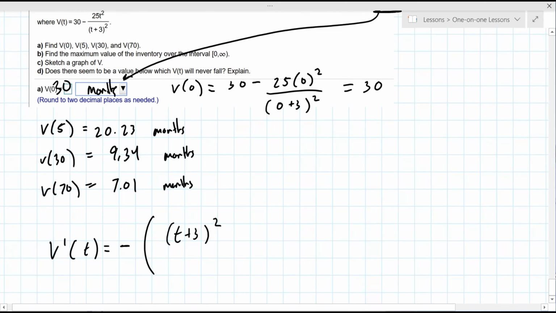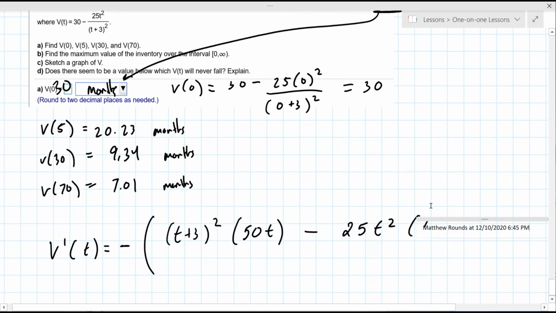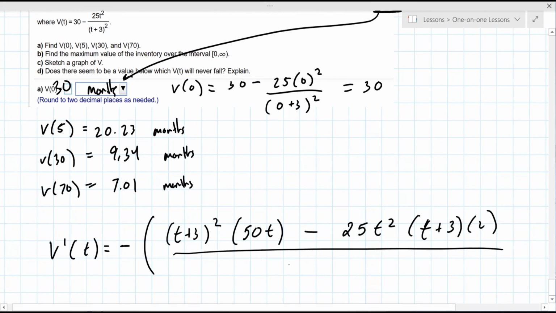The derivative of 25t squared is 50t, power rule, minus the top times the derivative of the bottom, which is t plus 3, times 2, all over t plus 3 to the power of 4.